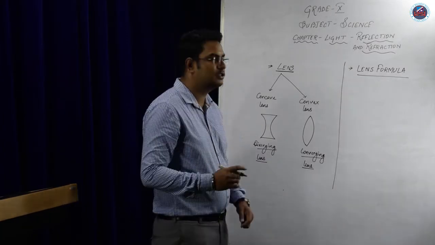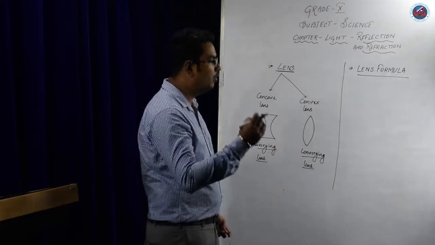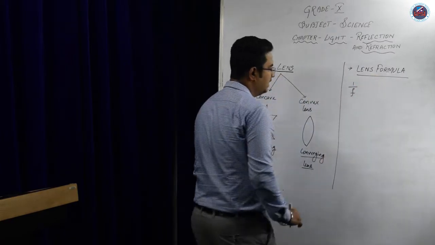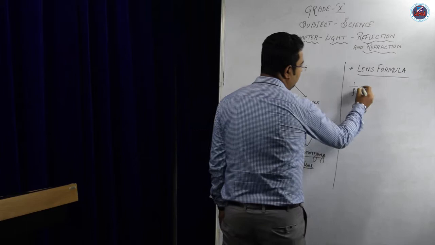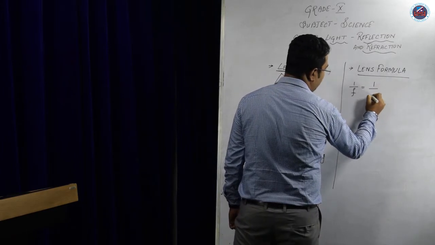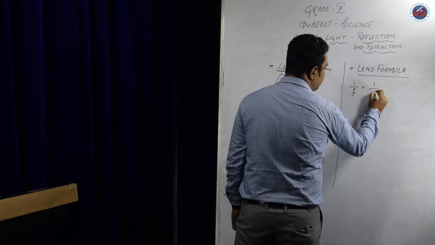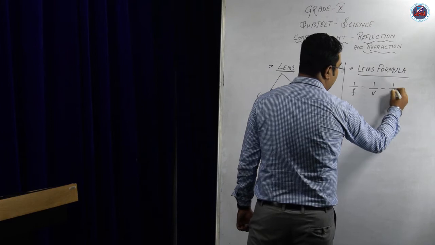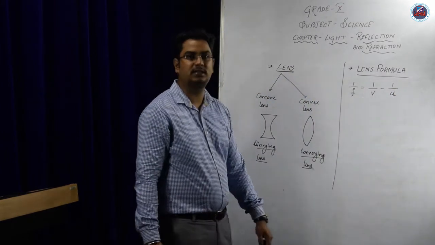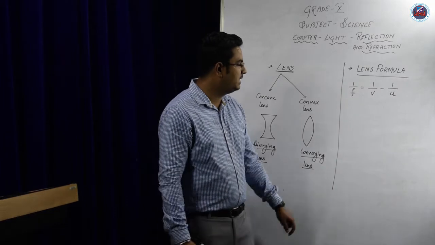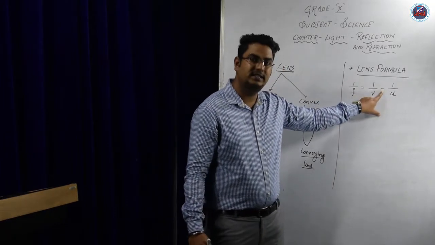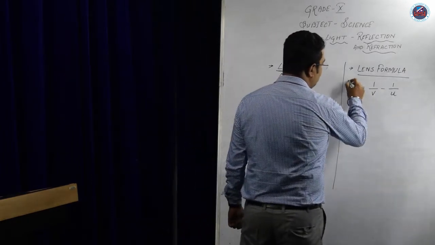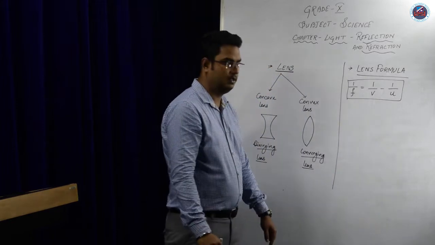The lens formula is quite similar to the mirror formula, with only a small change. The lens formula says that the reciprocal of focal length is equal to the reciprocal of the distance of the image from the lens minus the reciprocal of the distance of the object from the lens. So here there is no positive, it's a negative sign, whereas in the mirror formula we have this sign as positive. That is the small difference in the lens formula.